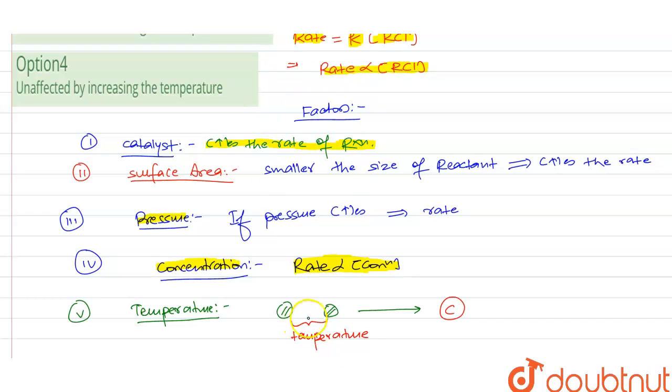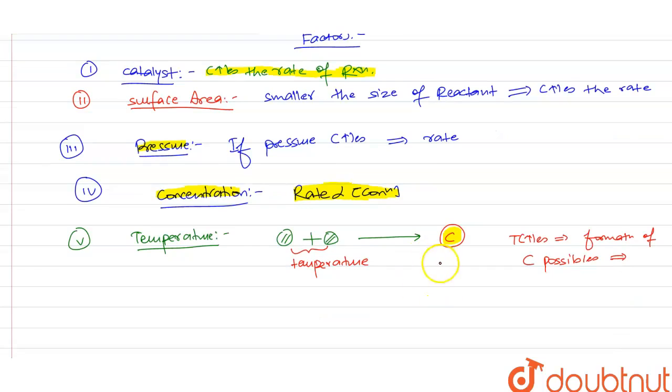On giving energy in form of temperature, they will collide and give the formation of product C. So from here we can say that if temperature increases, they acquire the activation energy to collide, and at last the formation of C is possible. This implies the rate of formation of product C also increases as the temperature increases.